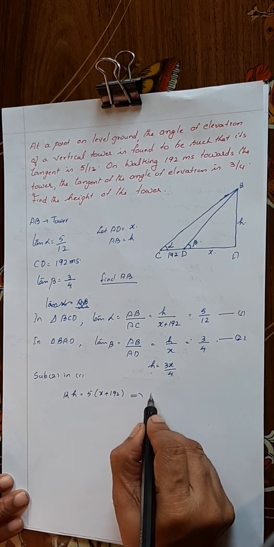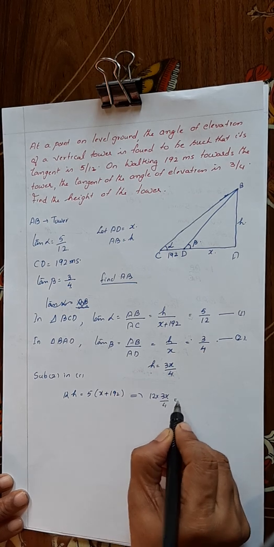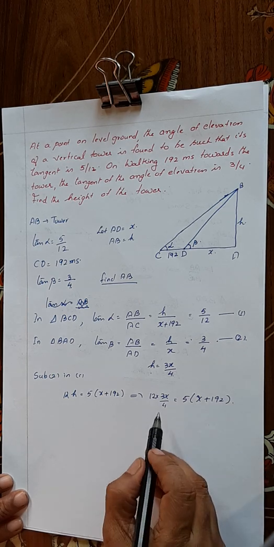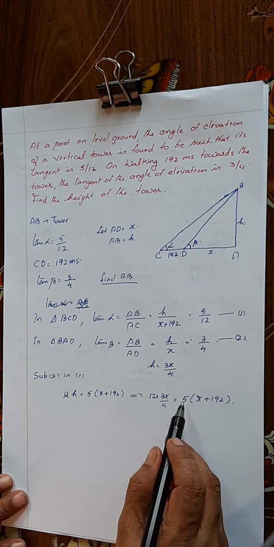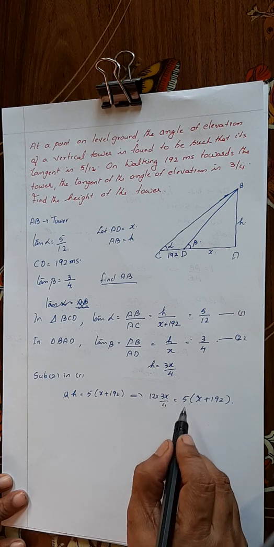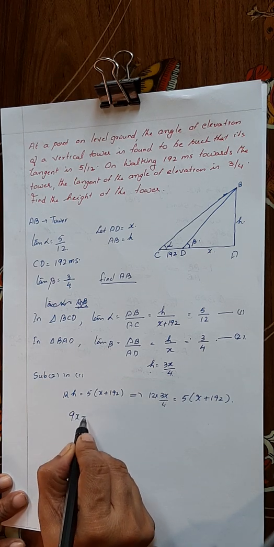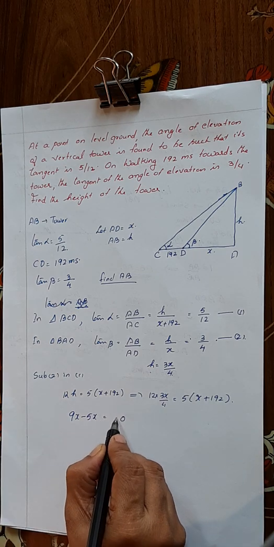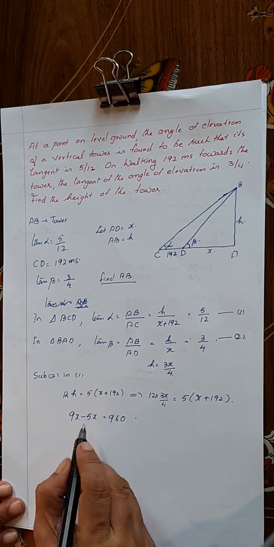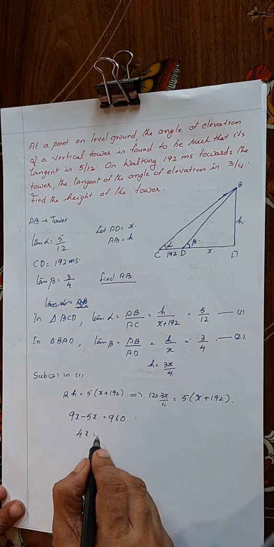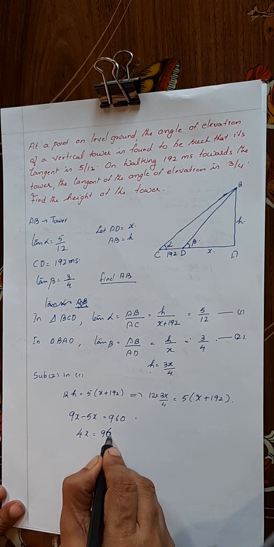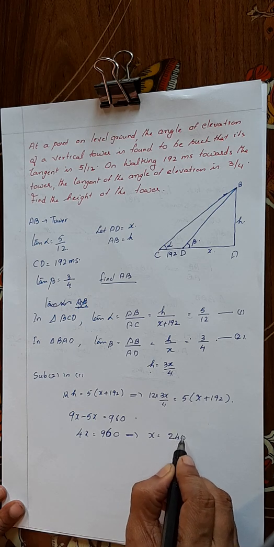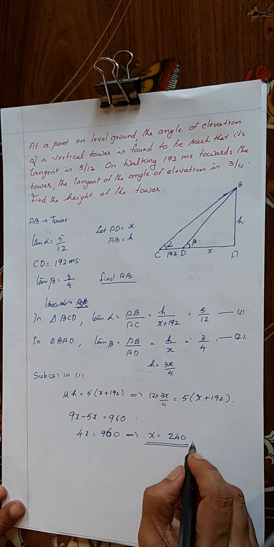So 12 into 3x by 4 is equal to 5 into x plus 192. So 9x minus 5x is equal to 5 into 192, that is 960. So 4x is equal to 960. So x is equal to 240 meters.